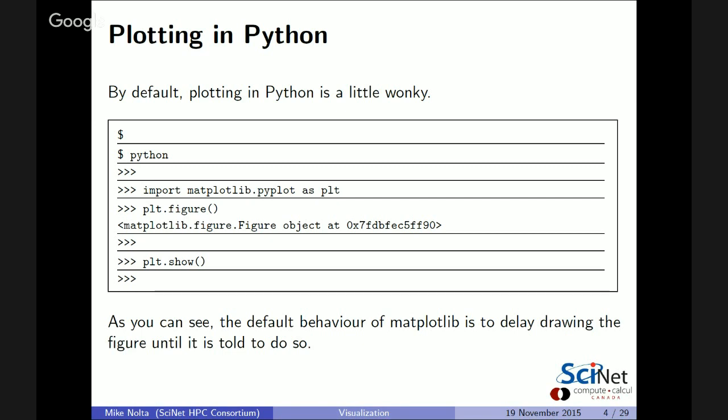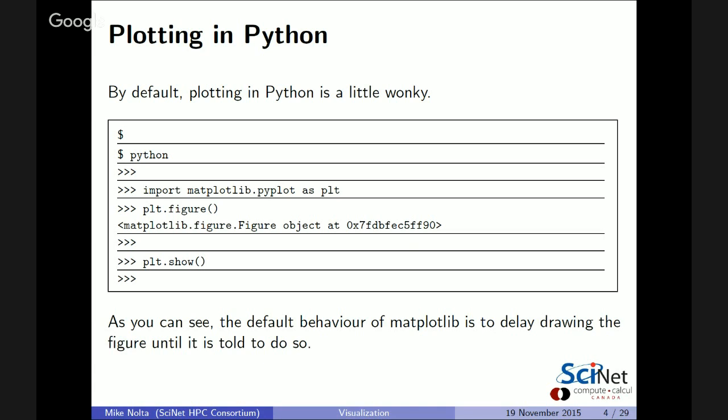Okay, we'll start off with a little caveat. It can sometimes be surprising when you get started, because you'll try to make a plot and nothing will happen. That's because Matplotlib tries to make a distinction between interactive plotting and plotting in scripts.